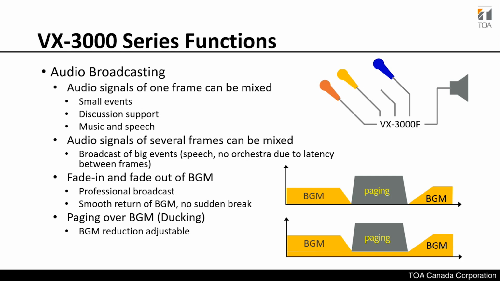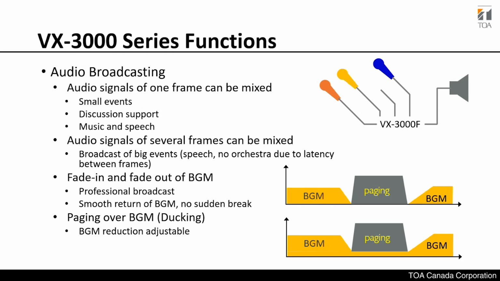The VX3000 differs from Dante in the sense that there's a bit of latency built into the VX3000. Not that much. I believe it's like 16 millisecond latency, but it's not designed for pure orchestra live events applications. It's more intended for broadcast PA systems. Also, the codec of it is a bit lower than Dante. I think Dante is running at 92 kilohertz.